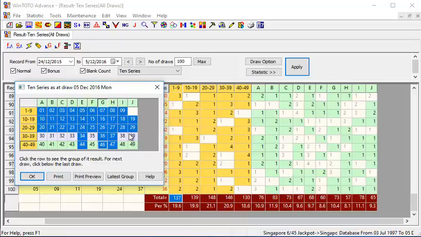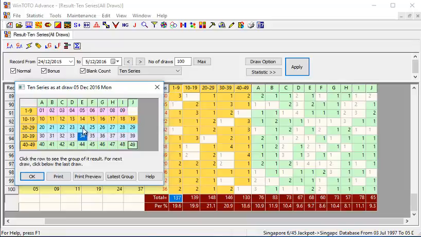J is 19, 29, which includes 39 and 49. Now, this is what we call the cross section, which is definitely the important one. On top of the cross section, referring to here, just now I did mention H. H is one of them. So these are the cross section numbers.